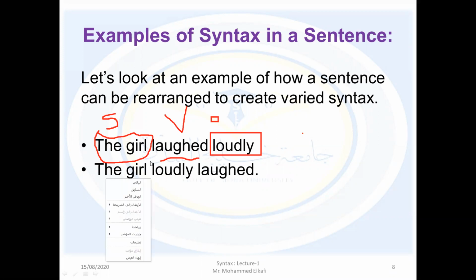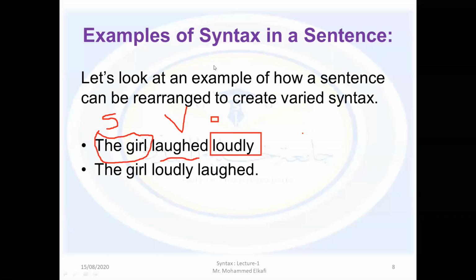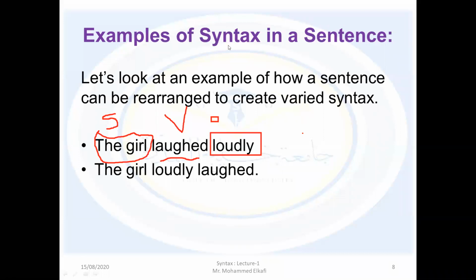So let's think of loudly. We have the same word which was used in the previous example, and you can see that the adverb takes another order. It comes after the subject.